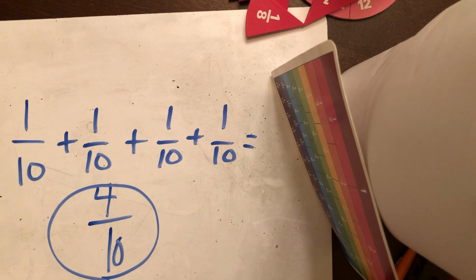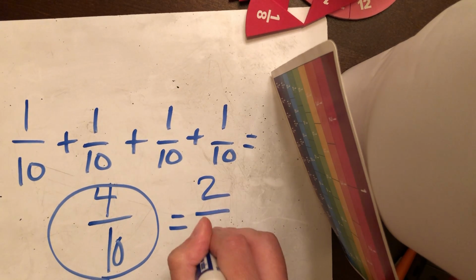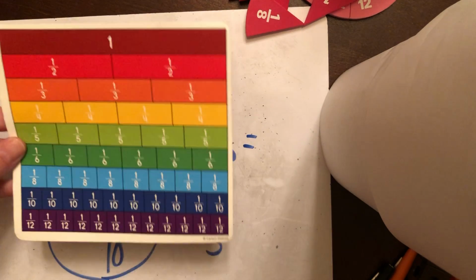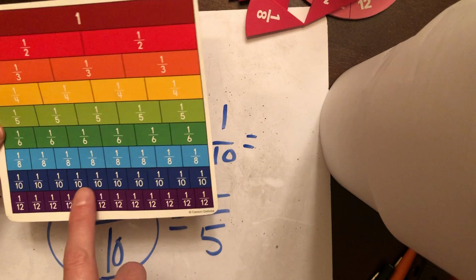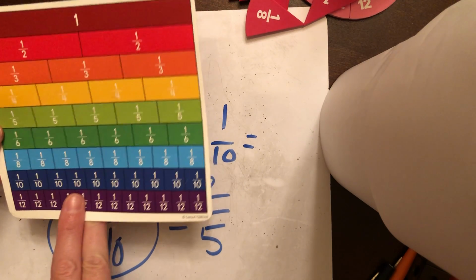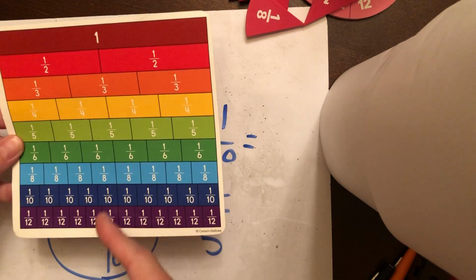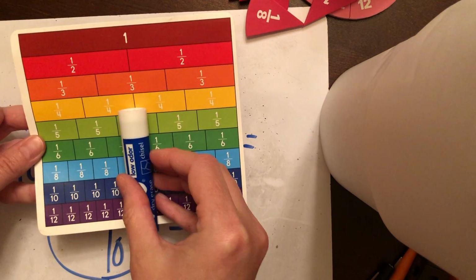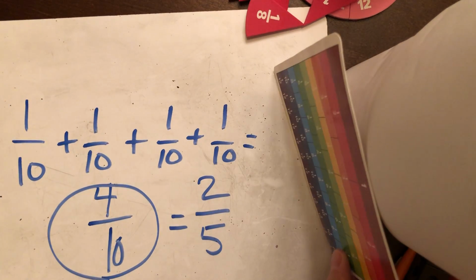And yes, that can be reduced to what? You can divide both the top and the bottom by 2, and it would also be equal to 2/5. So on here we can see that 4/10, 1, 2, 3, 4, is equivalent to 2/5. It's the line. See, it matches. Okay.